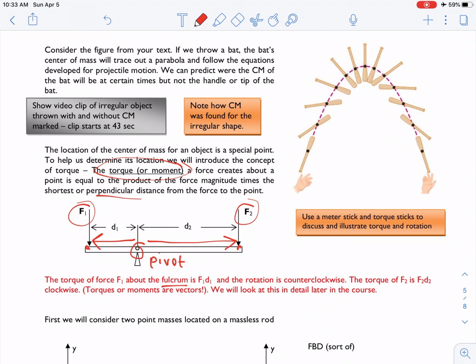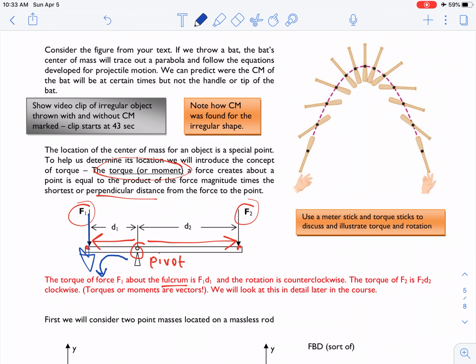Because if you think about it, when you are pulling this side downward, we want to rotate this side counterclockwise. Okay, so this is counterclockwise, and that's how we are going to show counterclockwise.